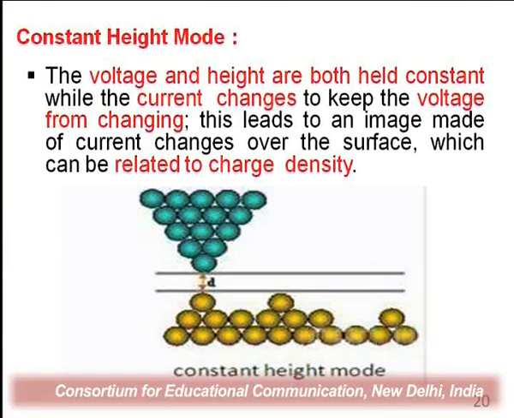Voltage is also constant in this constant height mode, while the current changes. This leads to an image made of the current changes over the surface, which can be related to the charge density. It means the constant height mode defines the charge density between the tip and the surface.